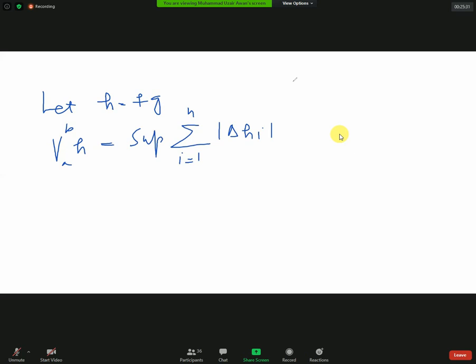Now del Hi is equal to H of Xi minus H of Xi minus 1.